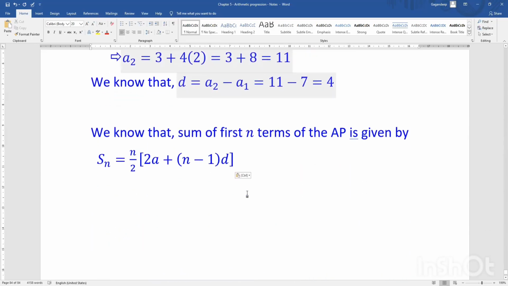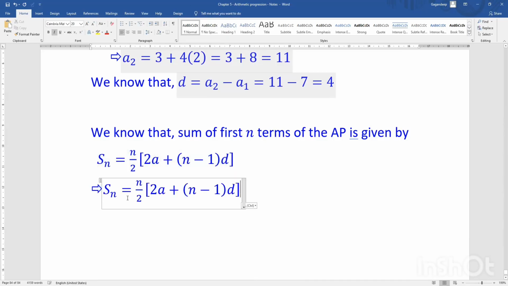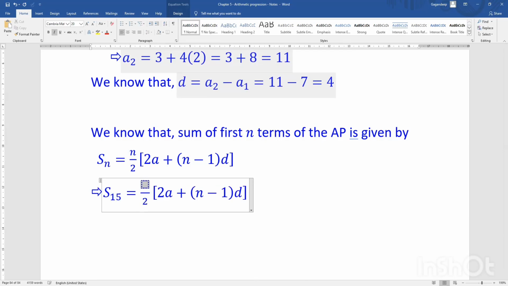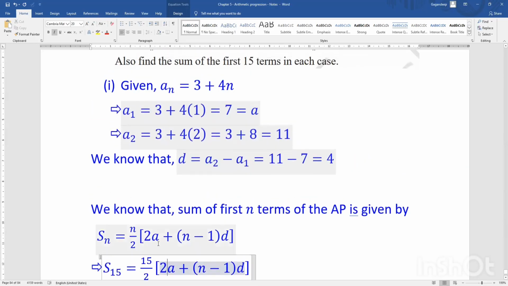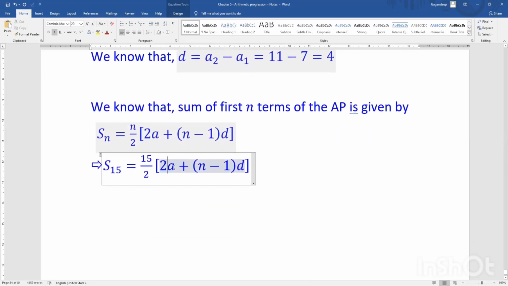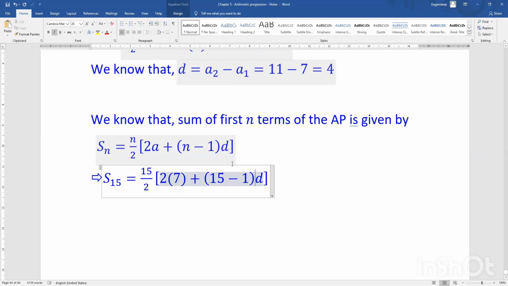So just take the same formula here and replace n with 15. So 15 by 2 into, and A value, you got it as 7, correct? And then n value, again it is 15 minus 1 into d value is 4.